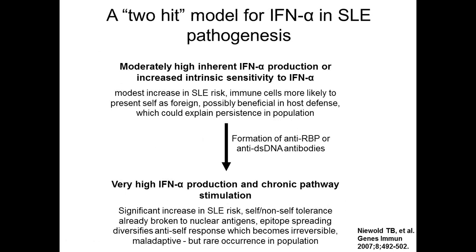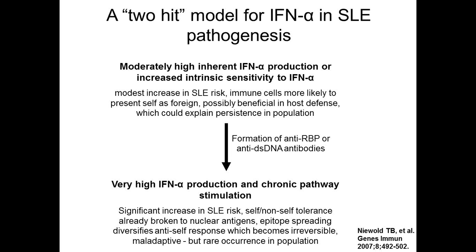Okay, and then this is just another slide kind of describing a similar thing where you could think of it almost like a two-hit model, where maybe your background genetics turns on your interferon pathway a little bit, and maybe that's not such a bad thing overall. Maybe you are less likely to get viruses. Maybe if you look at all of us together as a species, maybe it's good to have some of these high interferon genes circulating around.